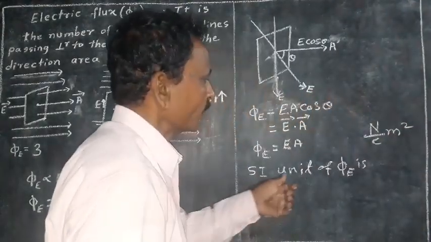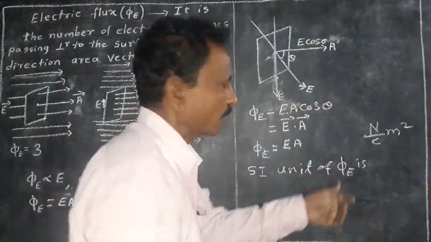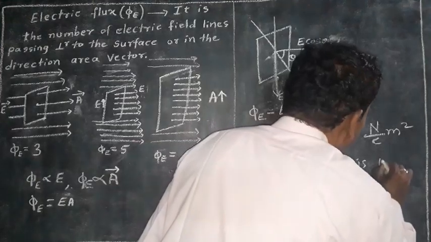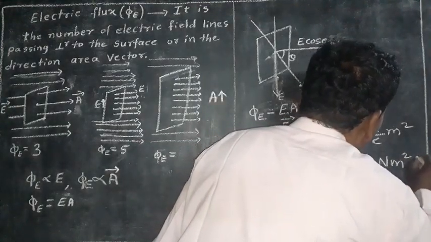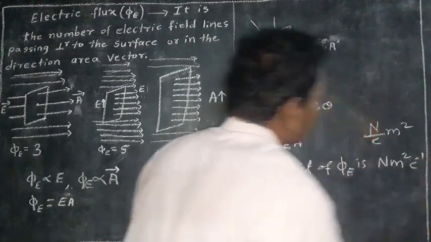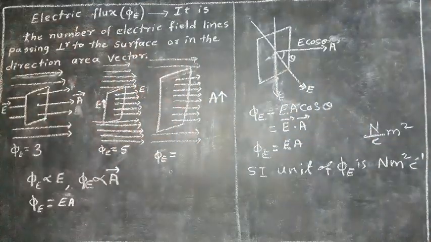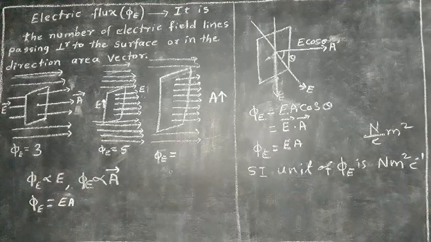Hence, the SI unit of electric flux is Newton meter square per coulomb.